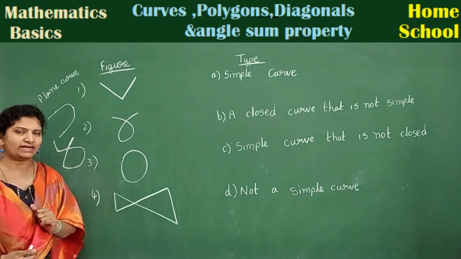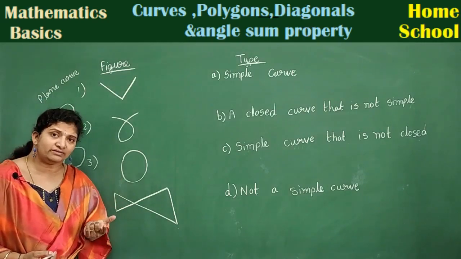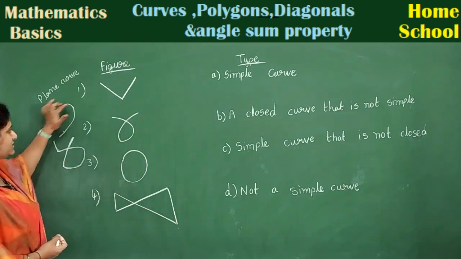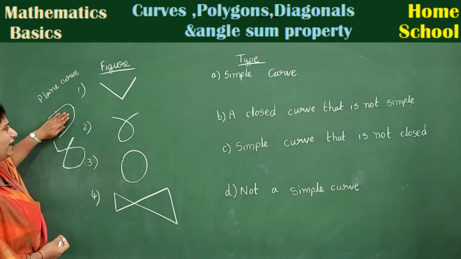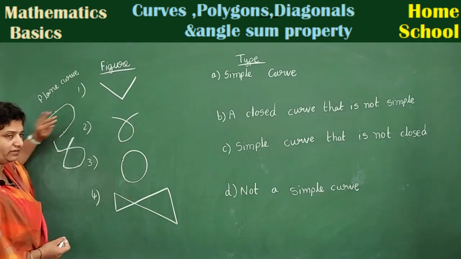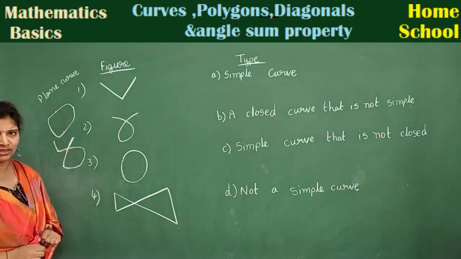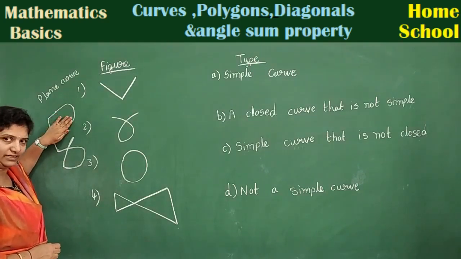And one more word you need to understand here: simple open curve and simple closed curve. Look here, this curve is a simple curve and it is open. Yes, it is not closed, it is open. Suppose I join this end here, then this is a simple closed curve.